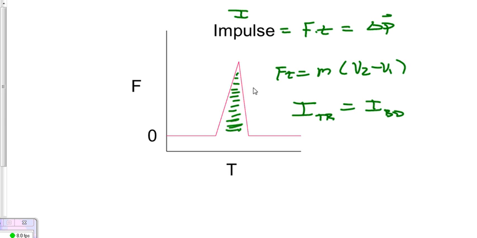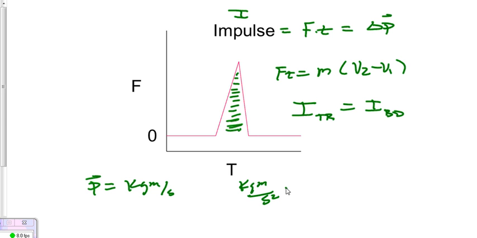Now, why does this equal change in momentum? Well, the units for momentum, of course being mass times velocity, is kilogram meter per second. So let's look at what force times time is. Well, force is a kilogram meter per second squared.